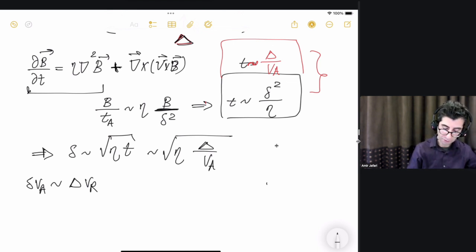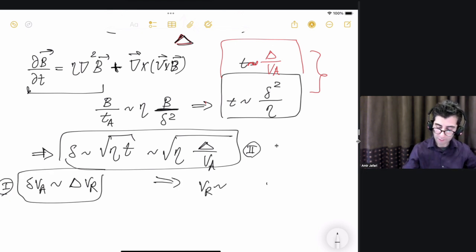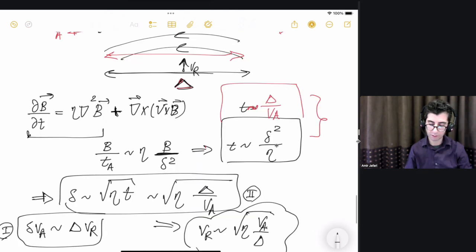And if you combine now these two, 1, 2, you get the same result. From here, VR, you get it eta over VA over delta. Sorry, little delta, big delta, capital delta. Okay, so this is the same result we got before.